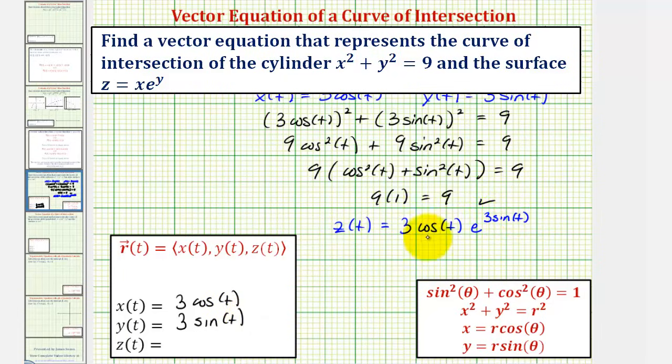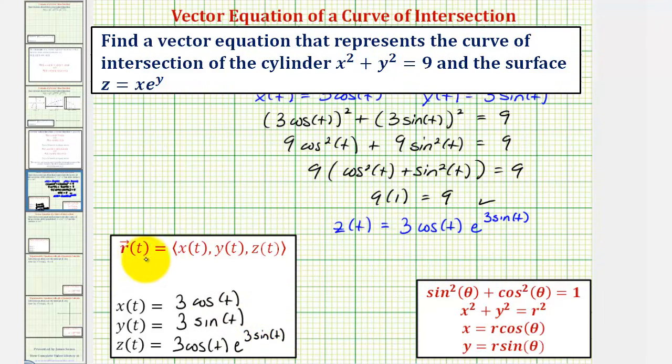If we define z of t in this way, it would satisfy the equation of the surface. So again, z of t equals 3 cosine t times e raised to the power of 3 sine t.